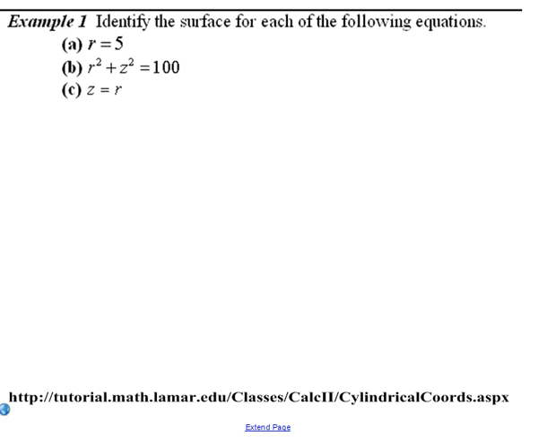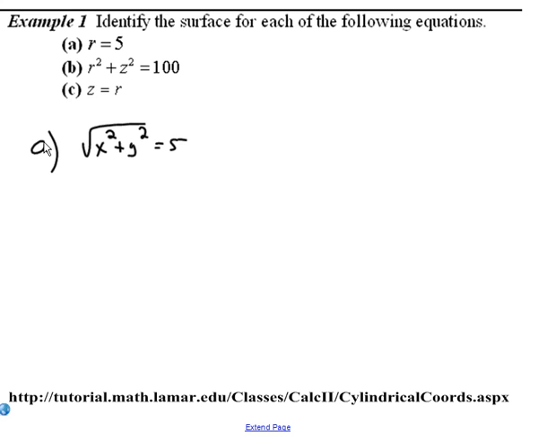Okay, so we're going to identify the surface for each of the following equations. This is in cylindrical. So if r is 5, that is going to look like a cylinder. The radius is 5, and then z could be anything. Because another way to think of this is the square root of x squared plus y squared is 5, because that's what r is.